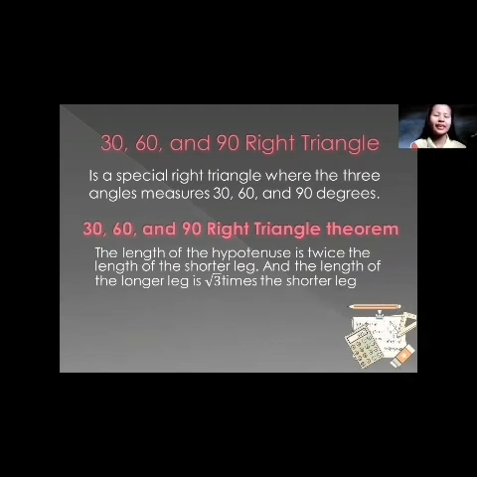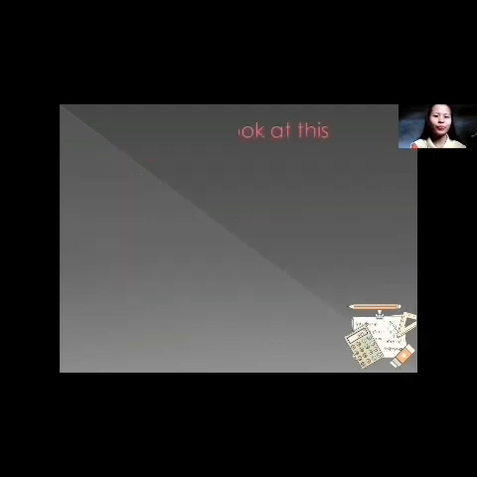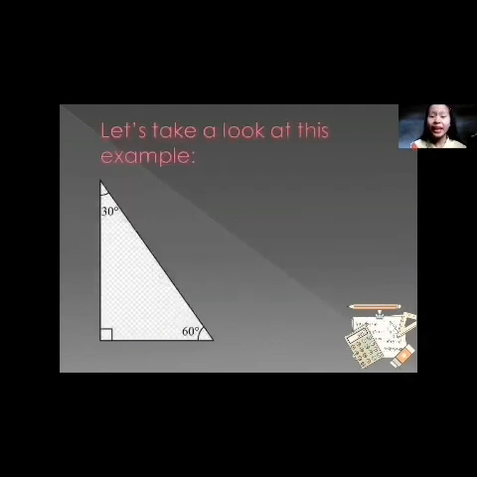Let's take a look at this example. So I have here a right triangle, class, whose angles measure 30 degrees, 60 degrees, and 90 degrees.